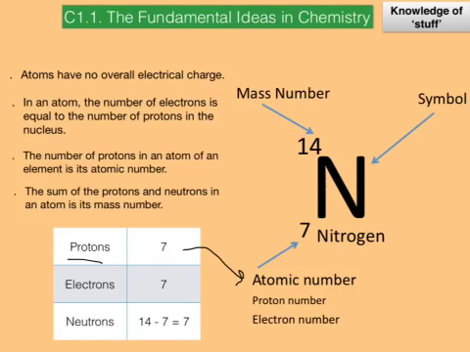So the number of protons in this case is 7. For the electrons, it's the same. So the electrons in this atom, we look at the atomic number, which is 7. So in this atom, we've got 7 protons and 7 electrons.